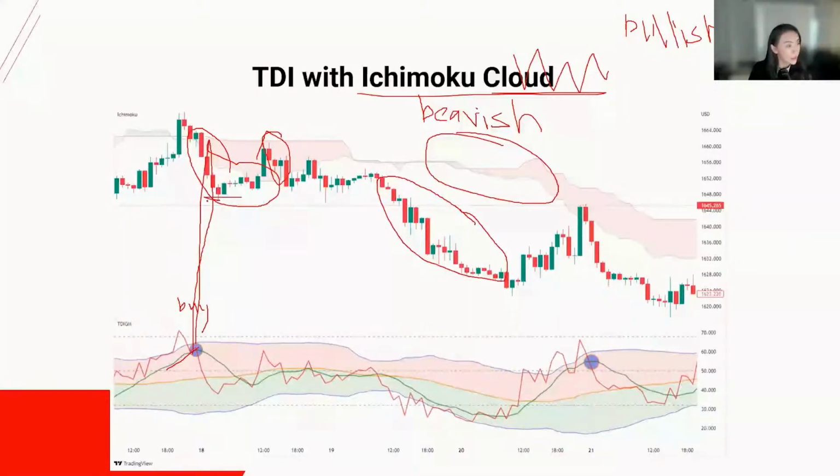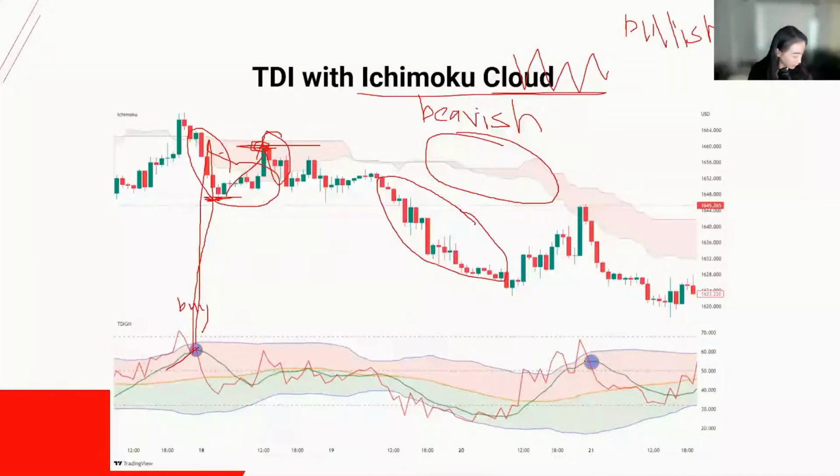Even though the price is below Ichimoku, I can still take a little profit towards a price of 1660. We may also look at here.